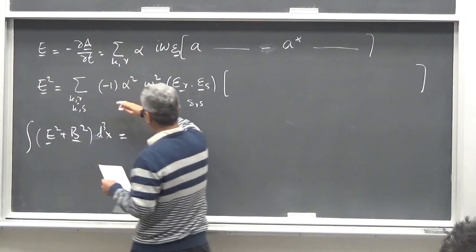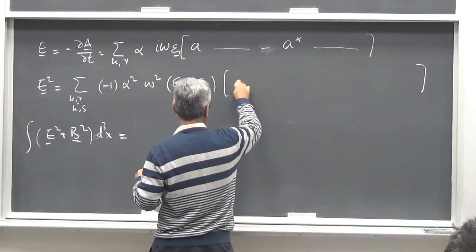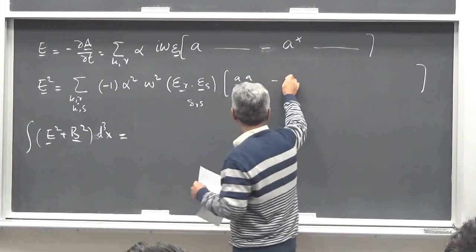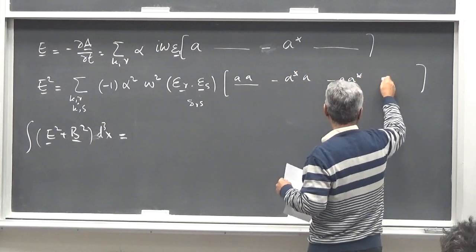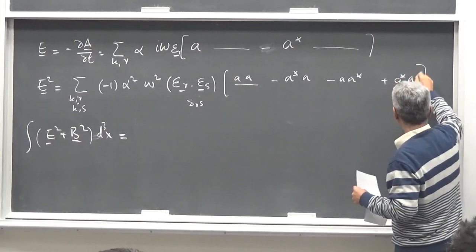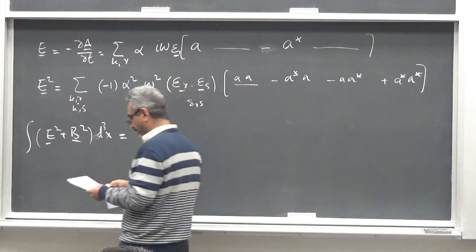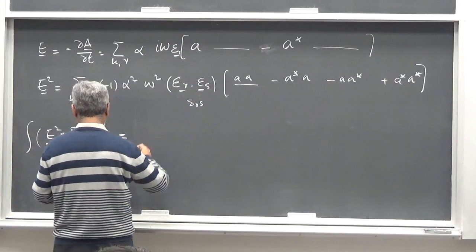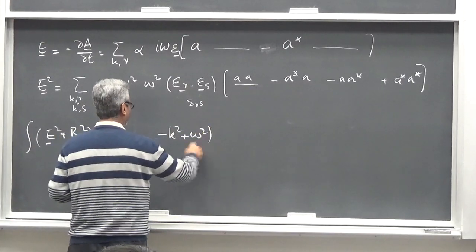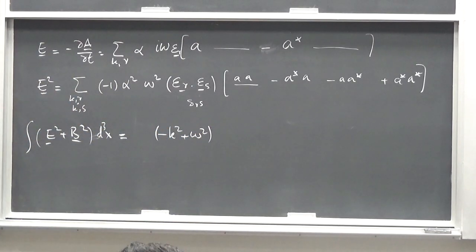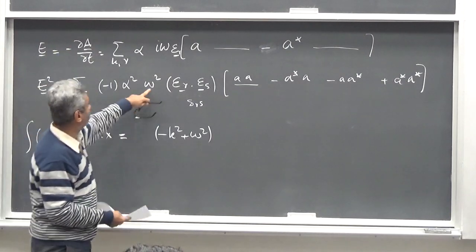Then you will see that in the first term, you will have these like terms, A A, and then minus A star A, and then minus A star, and then plus A star. In these terms, you will get 2 different kinds of terms. One whose coefficient is this, and you can see that the coefficient is this. So there is an omega squared. So there's a minus k squared, and then there's an omega squared.